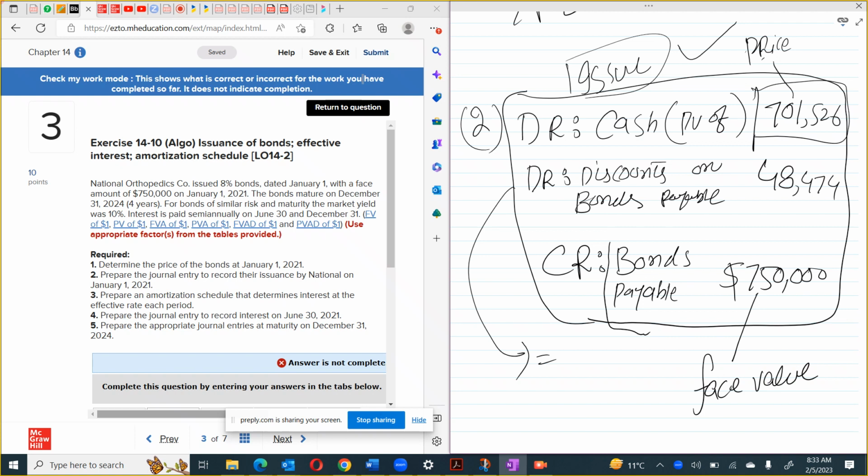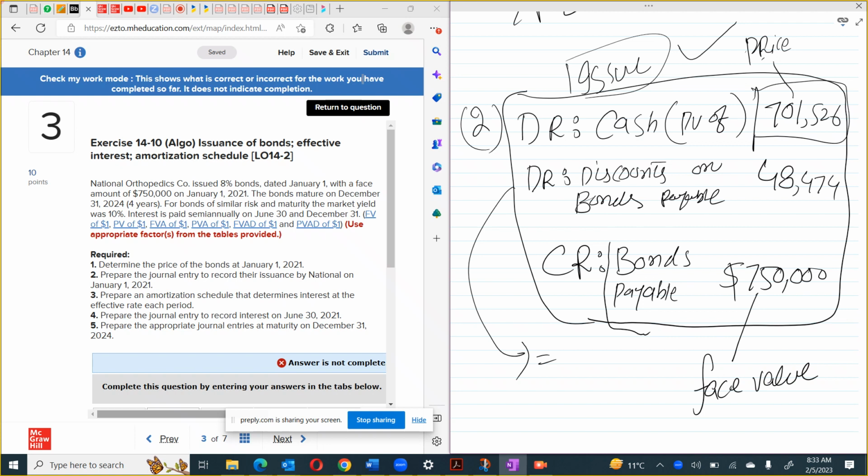Now remember, in discount, we add the discount amortization to carrying value, but premium is deducted. We will reduce this amount. So always this is the only difference. Everything is the same. The difference is premium. 735,533 minus 5,223 is 730,310.